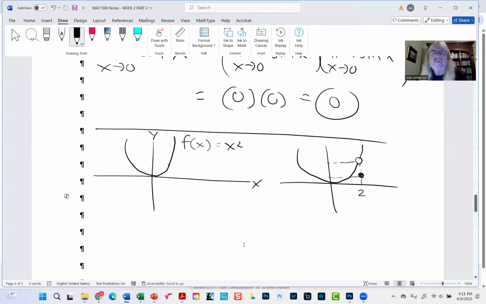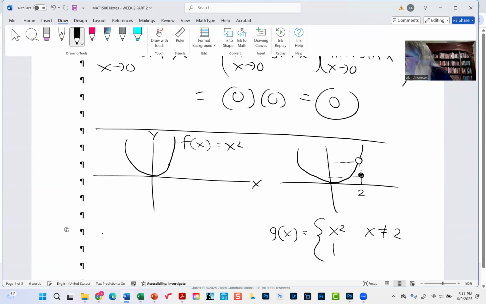You may remember these from pre-calc, where you basically have two separate functions. So in other words, it's the same thing as the one on the left, except for that one point when x equals 2. In this particular case, the function is 1 instead of 4. So f of x and g of x are identical everywhere except at that one point.